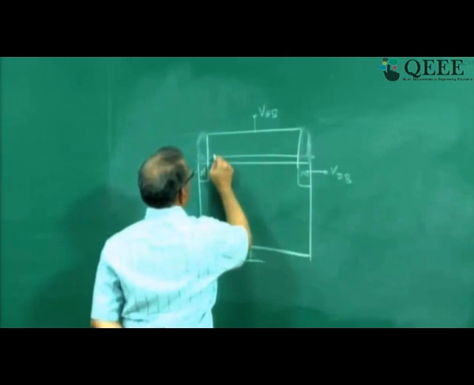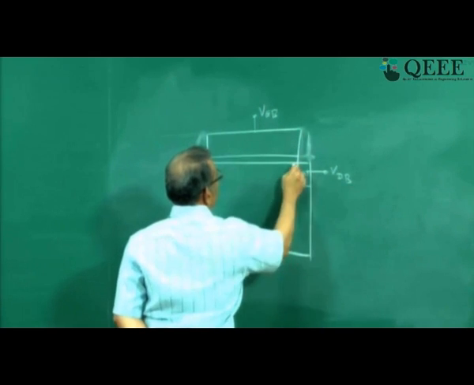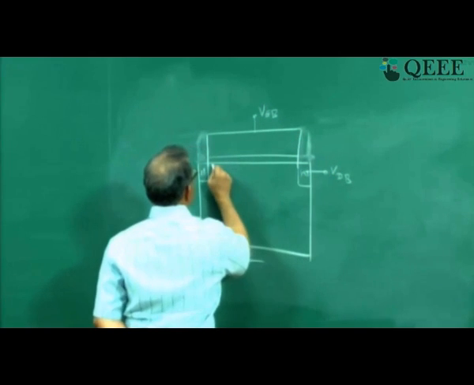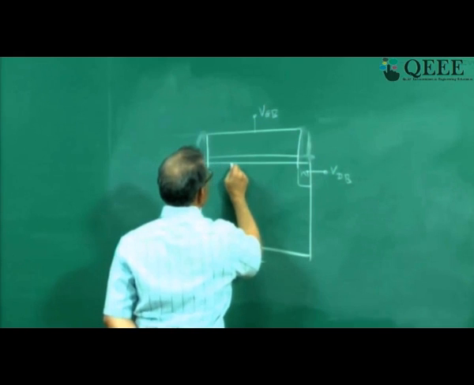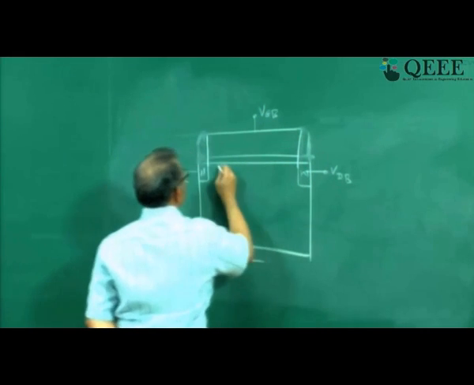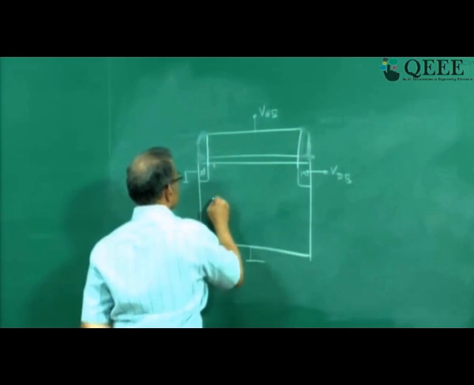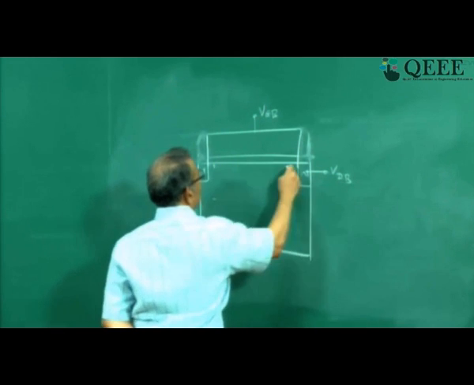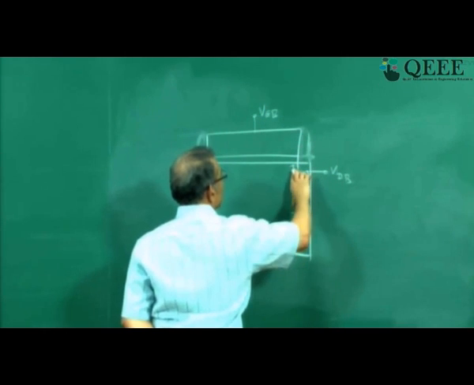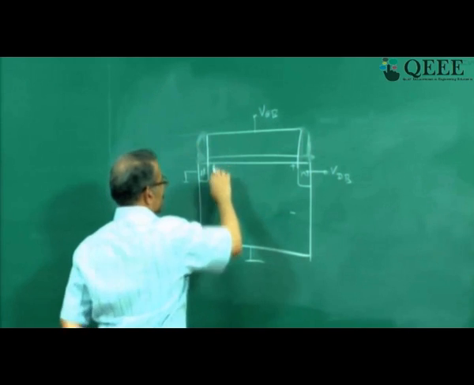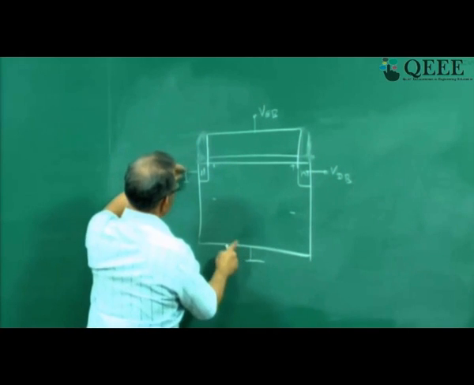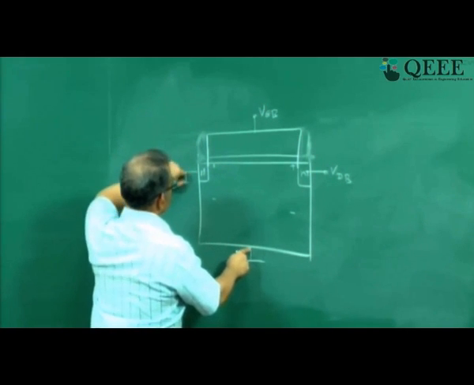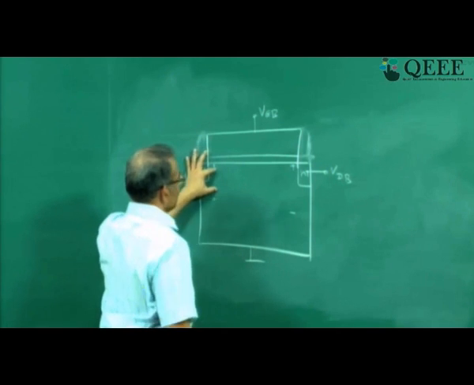So here the voltage is VGB, but since I applied a VDB and there is an inversion layer, the voltage is going on changing. In other words, if I take this voltage and this voltage, this voltage is more than this voltage. Here at this end both are shorted. So what is this voltage?